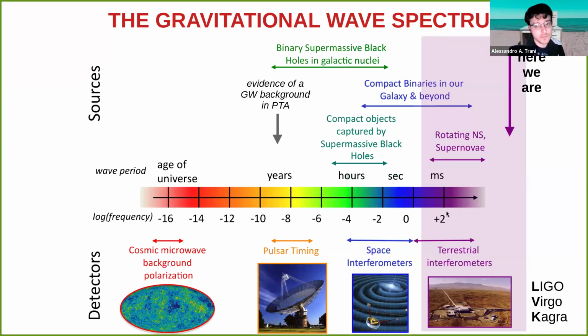Currently, with the interferometers we have right now, we are only capturing the last instance of the spiral. So these environmental effects are out of the observable band.